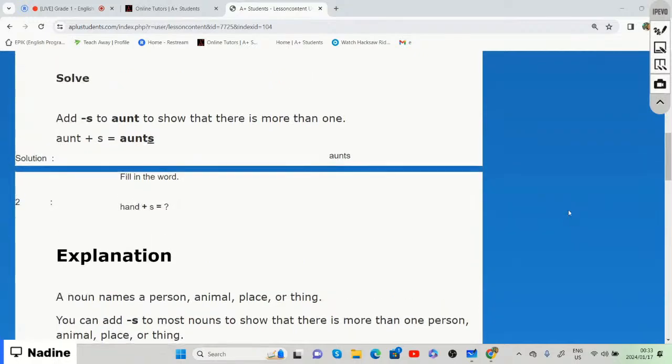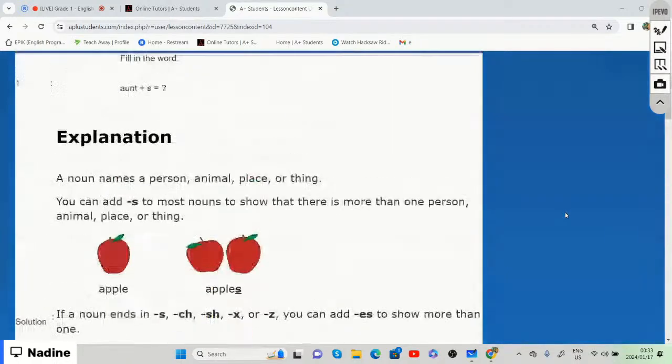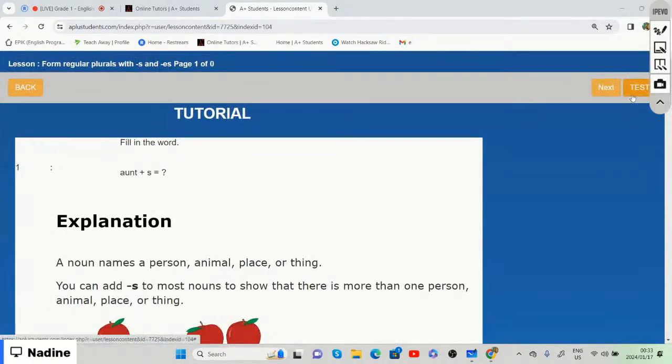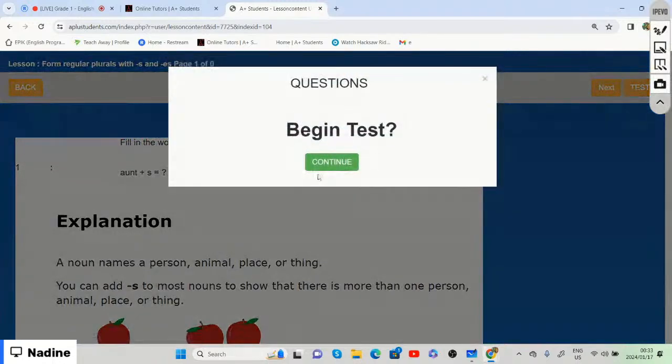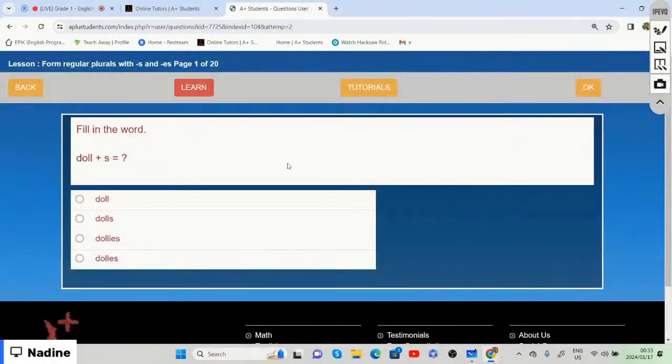All right. So now we're going to our test, where we're going to form regular plurals with S and ES.